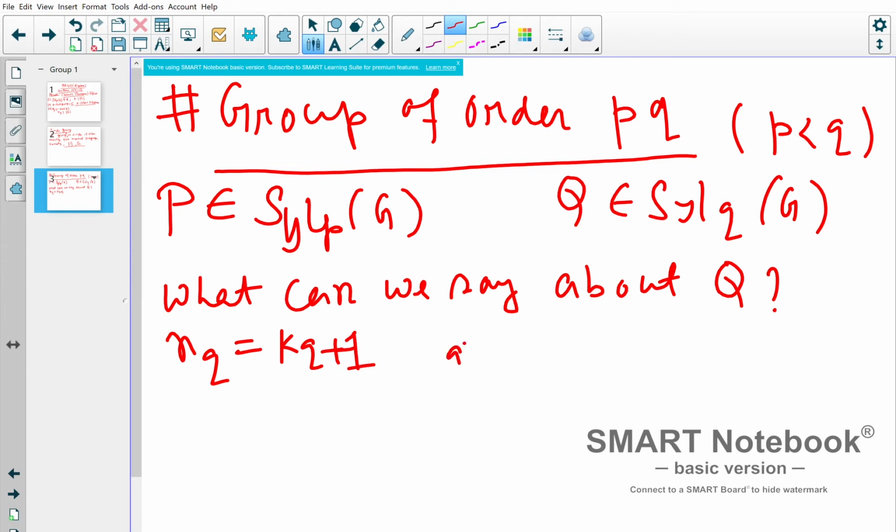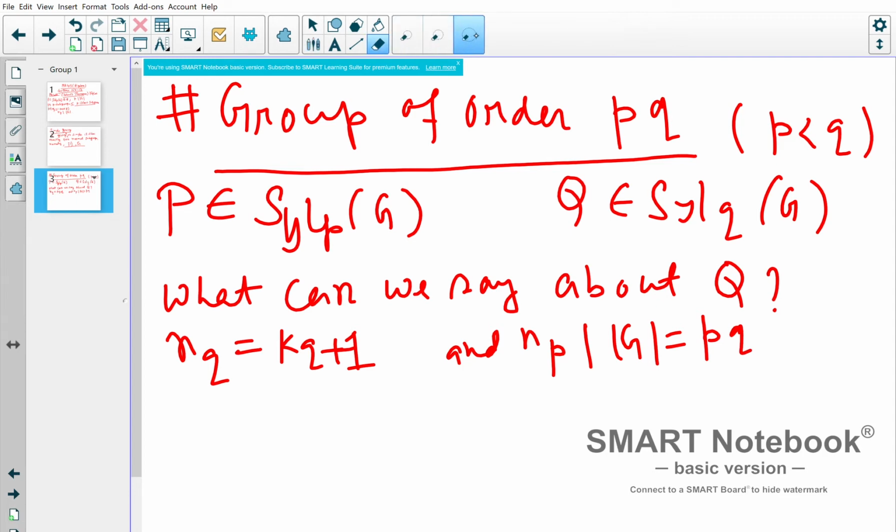And N_Q also divides the order of the group, which is nothing but P into Q. Sorry, this is N_Q, not N_P. So N_Q divides PQ.